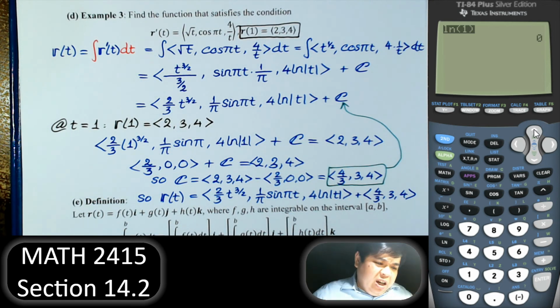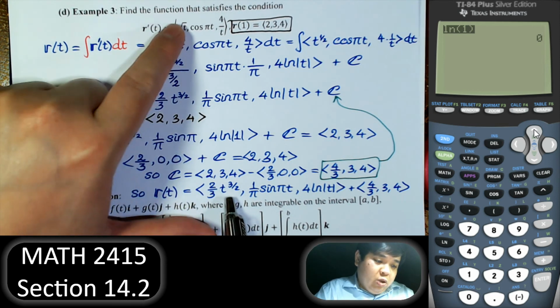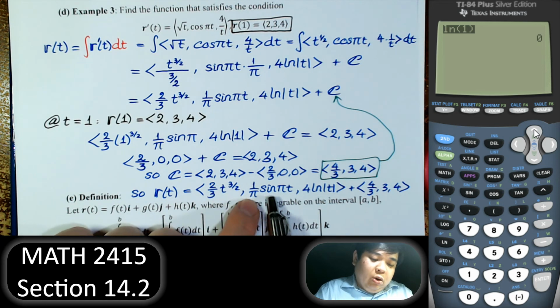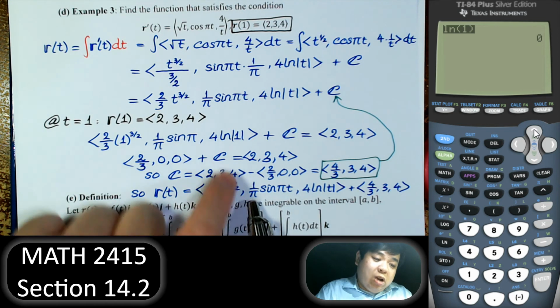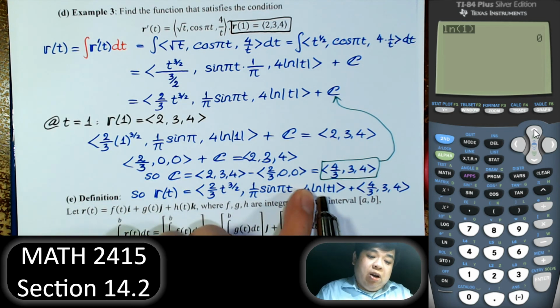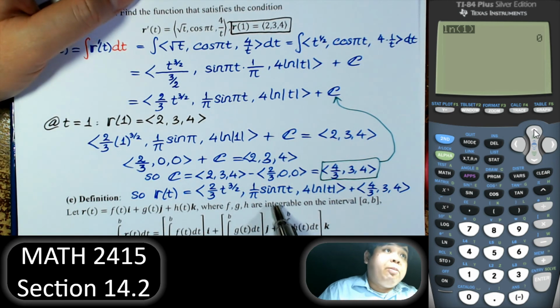Perfectly fine. Just check it real quick. Derivative of this gives us t to the 1/2, which is good. Derivative of sine is cosine, and then times pi, and pi cancels out. So yes, that's good. Derivative of ln of t is 4 over t, so that's also good.